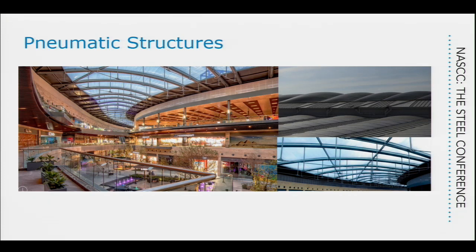But we took a photo from the outside just so that you could see the curvature of those bubbles. So you get this cushion of air that spans between these two structures, and it's much lighter than glass, and that's one of the appeals for retrofitting existing structures.